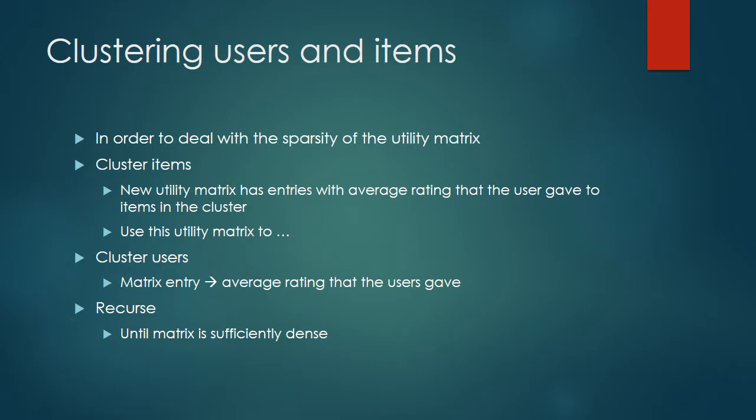We're not being very aggressive here. Once we have clustered the items by taking the averages, we will cluster the users, so reduce m to m by 2 or m by 4. And then you're going to recurse, taking this as the input and then clustering the groups further. Think of a large sheet of paper that you're folding this way once, the other way once, and so on. So we are compacting it one at a time.